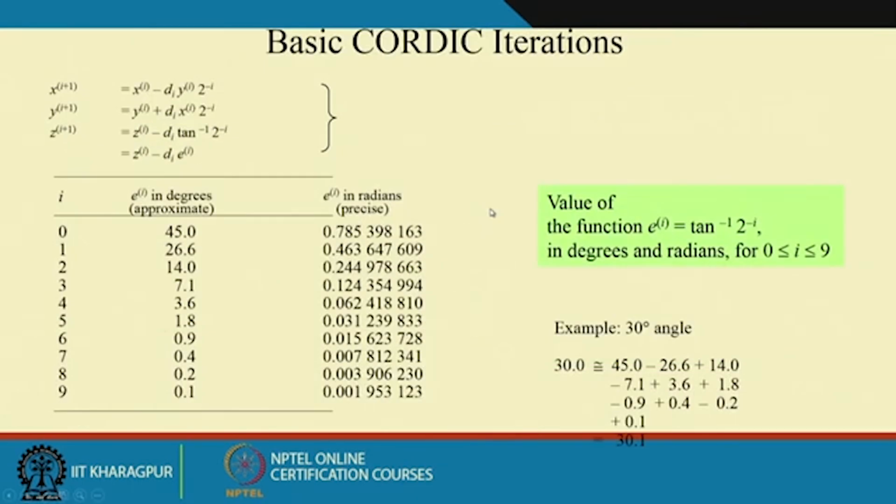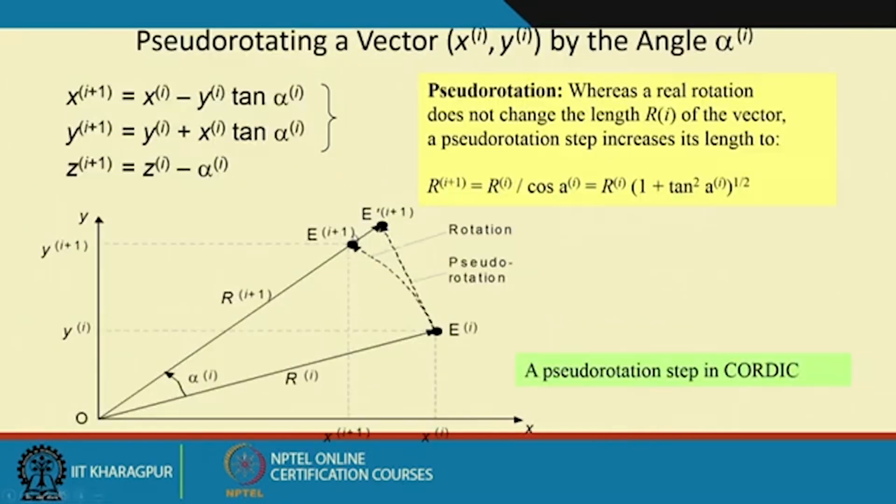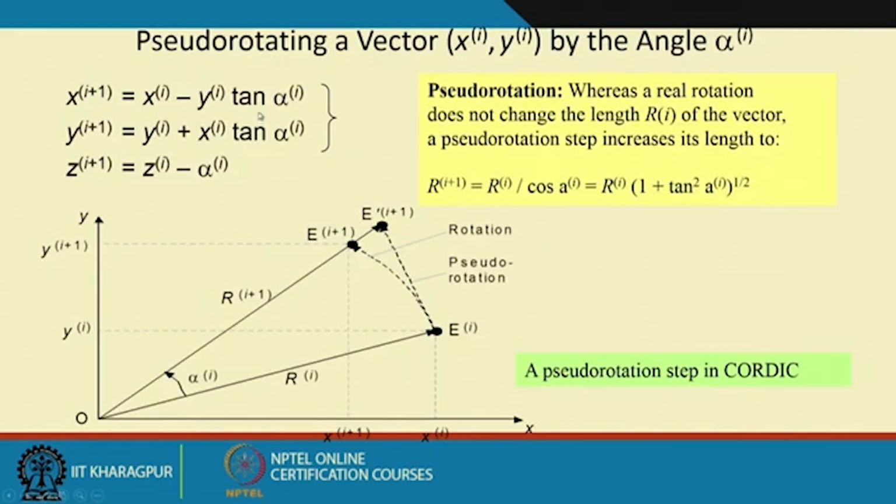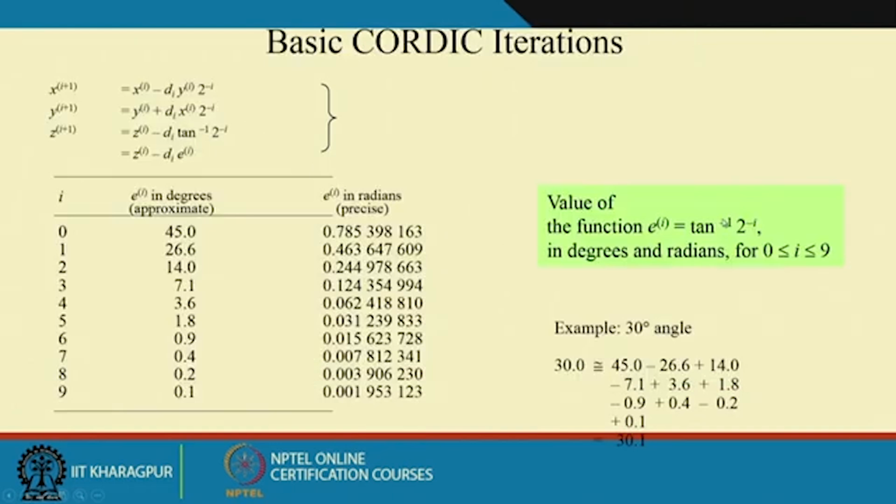Based on this, I use a predefined set of angles, which are dependent on powers of 2. That means tan alpha i is now replaced in terms of the tan inverse of 2 to the power i.